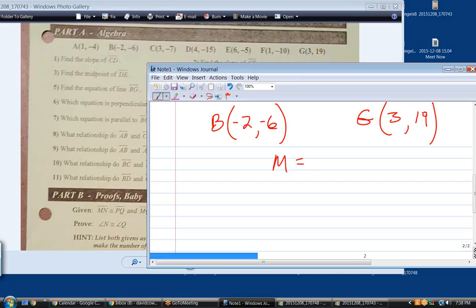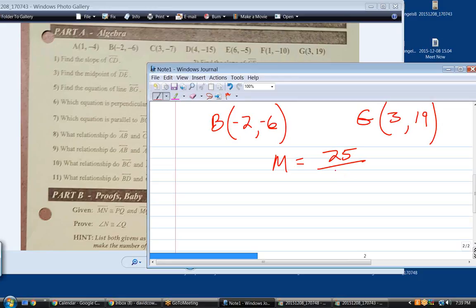For both? From B to G. So I'm going to take y sub 2 minus y sub 1. 19 minus a -6, which is 25. And then over what? 3 minus a -2.